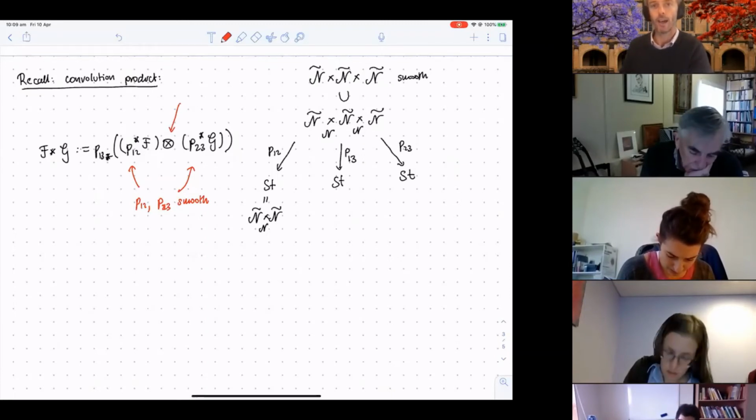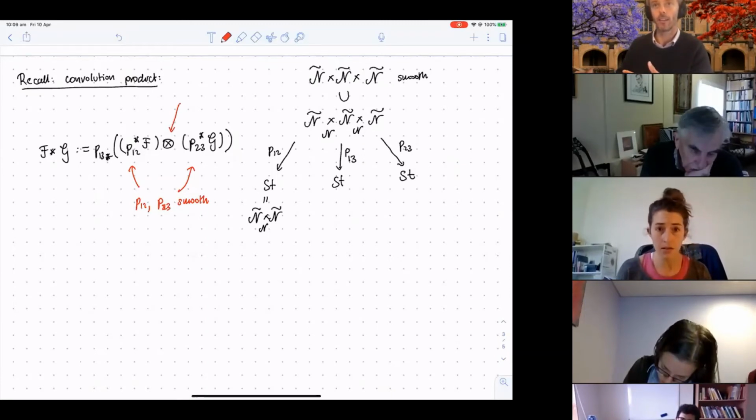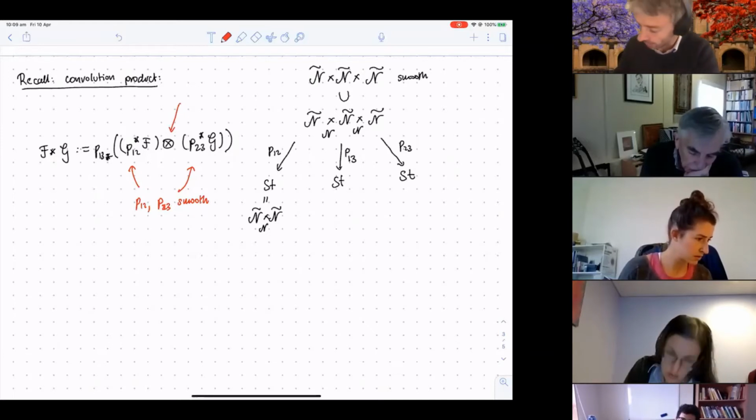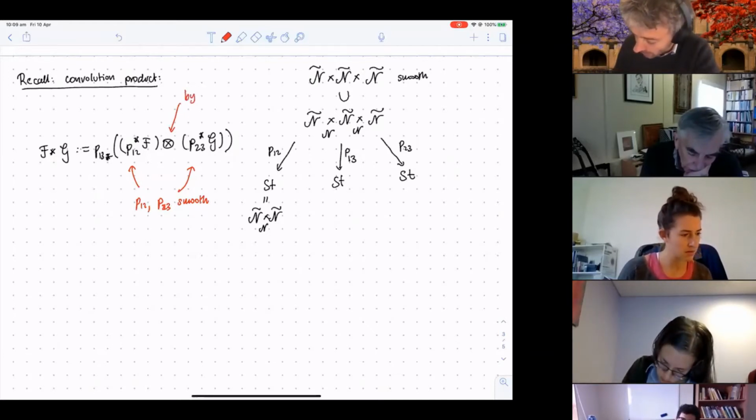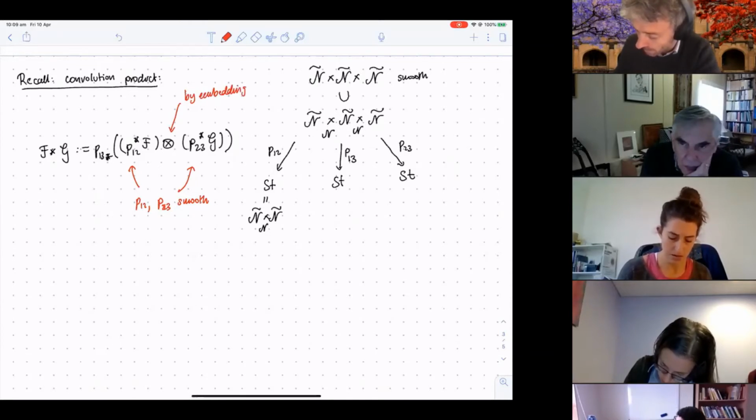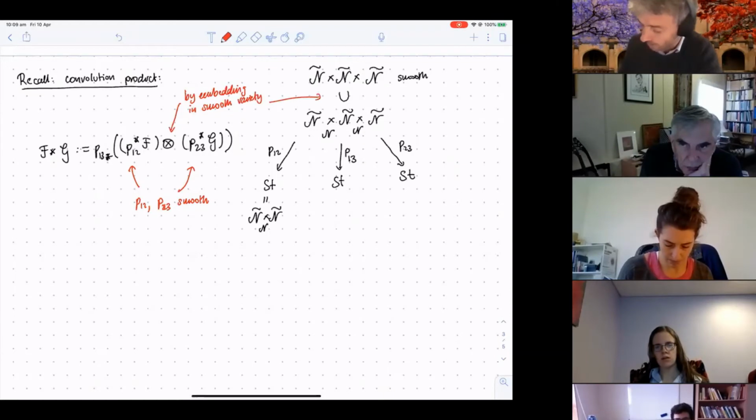And we have that just by this embedding inside a smooth variety, where we can form locally free resolutions. So that comes from here.